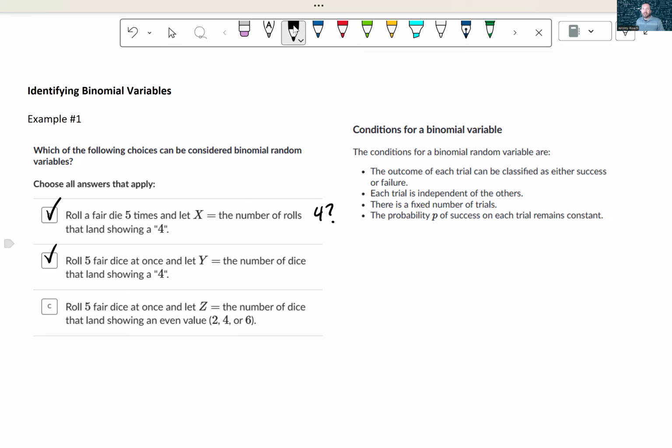And then the last one says, let Z be the number of dice that land showing an even value. And so the question for C is, is it even? Yes or no? I should have written yes or no for our 4 question also. Okay, and so C is also a binomial variable.